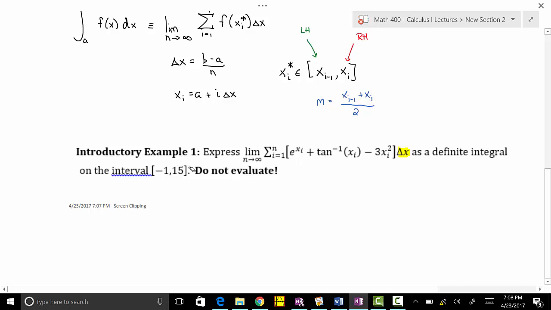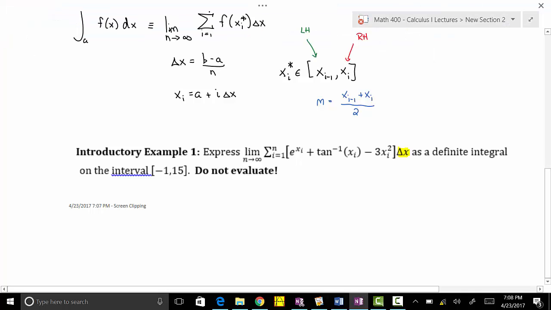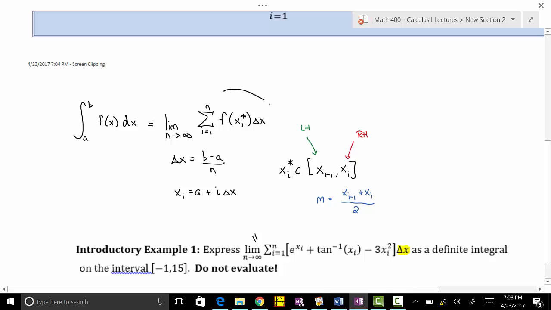Okay, so from -1 to 15, this is actually a very easy question to answer because, as we've written up here, that limit notation is defined to be the integral of f dx from a to b.